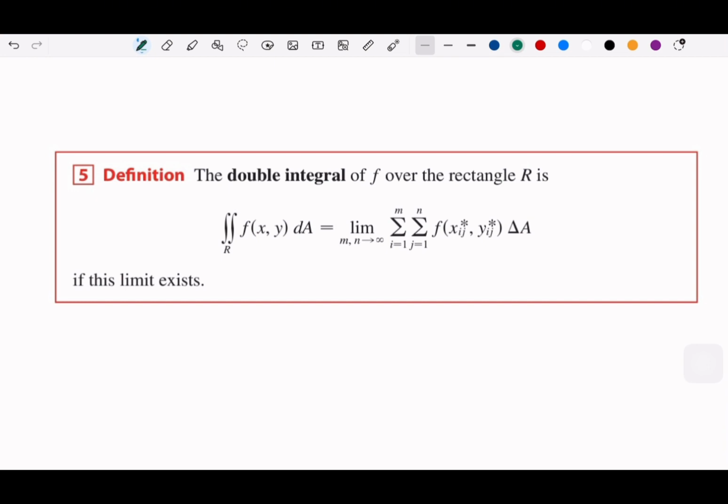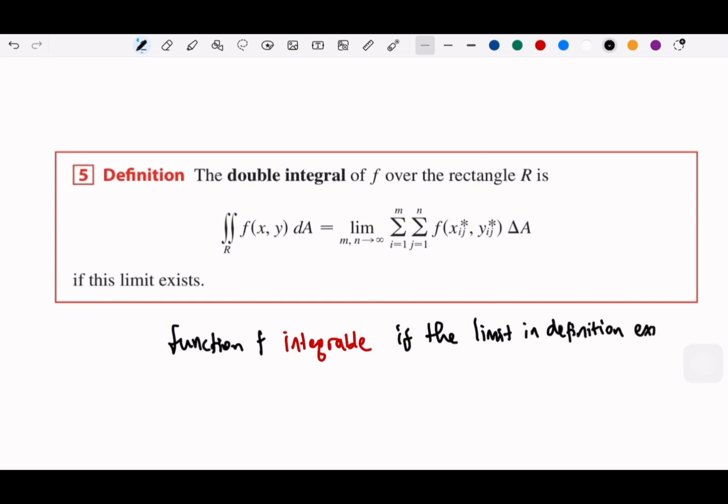So we call the function f integrable if the limit in the definition exists. And we know that all continuous functions are integrable, right?